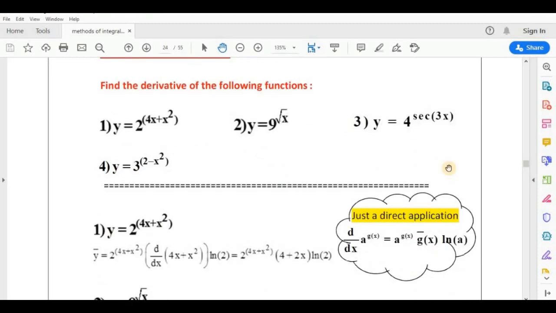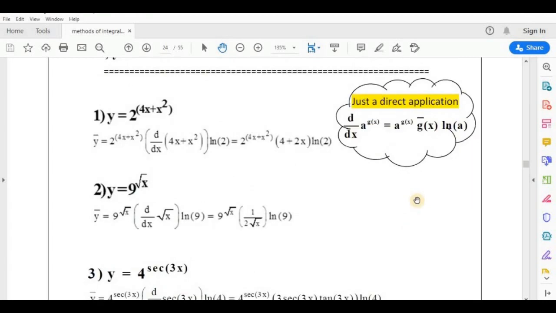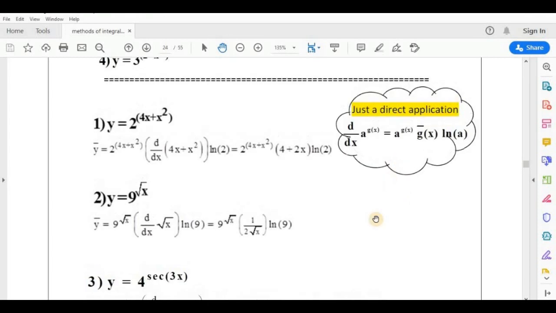Find the derivative of the following function. We have this function. How will we find the solution? Same as previous lectures, same concept. We will just apply this formula directly, for this type of exponential function. So here, we keep it as it is, and multiply by the derivation of g(x). It will be g dash multiply ln a.